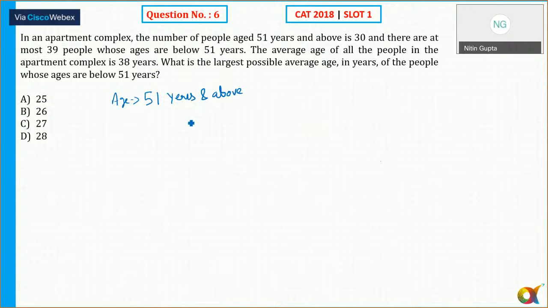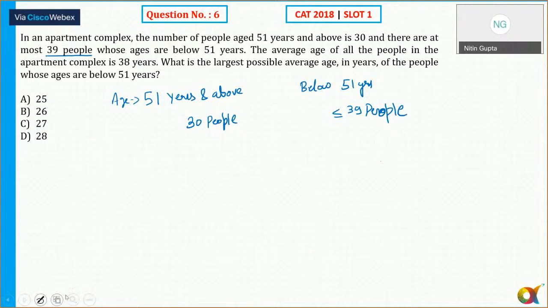There are 30 people. And there are at most 39 people whose ages are below 51 years. So the maximum number of people is 39, so the number of people will be less than or equal to 39.